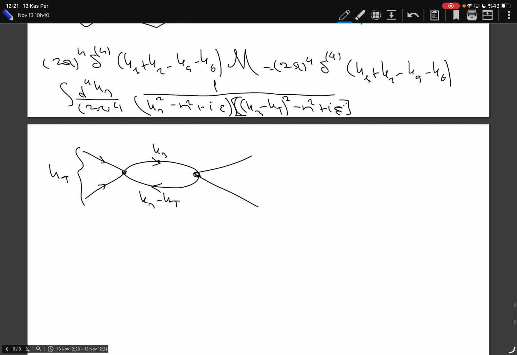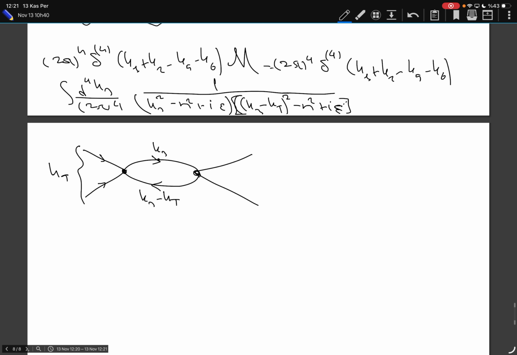So k3 minus kT momentum arrives to this vertex. The kT momentum is also incoming into that vertex. And so k3 leaves that vertex. It comes over here. kT, this is also kT. kT leaves that vertex. What remains is k3 minus kT, whichever one you prefer.